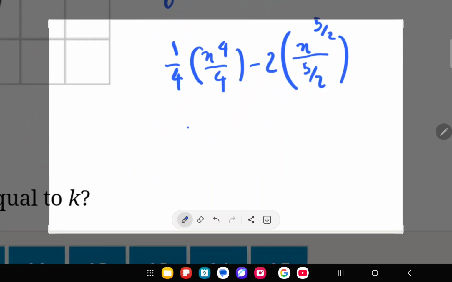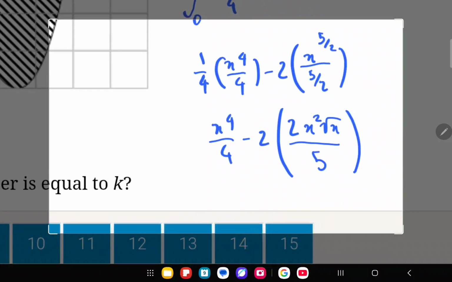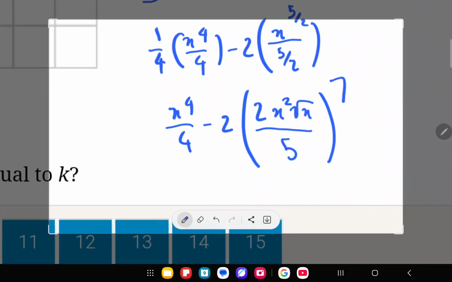We simplify this, we get x power 4 over 4, we reciprocate the denominator, we get minus 2 times 2 over 5, x power 5 over 2 is x squared, square root of x. So this is going to be our integrated formula, and then we'll just set it to our x values.